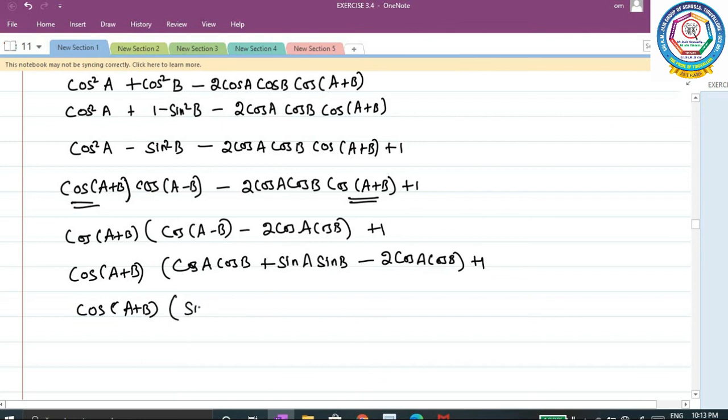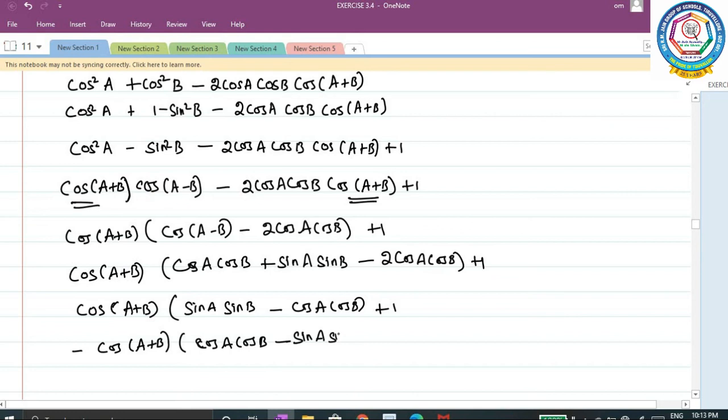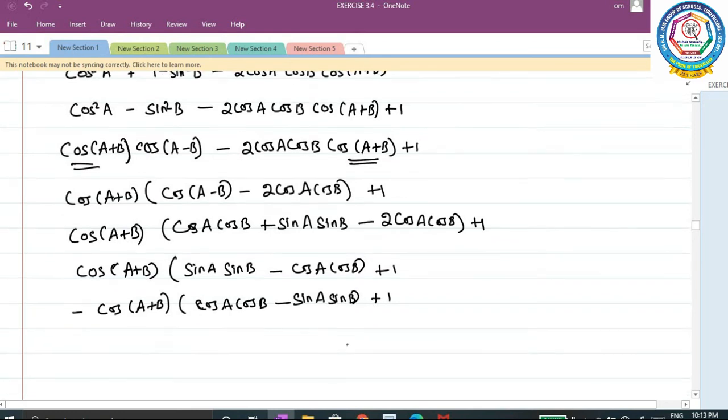Here first I am writing sin A sin B minus cos A cos B plus 1. If I take minus outside, I will get cos(A+B) into cos A cos B minus sin A sin B. Here now I am getting cos A cos B minus sin A sin B.